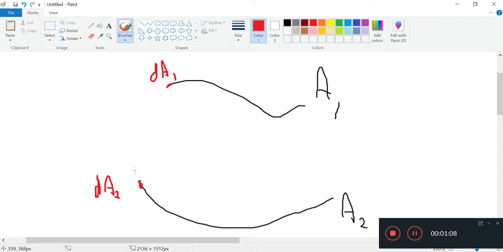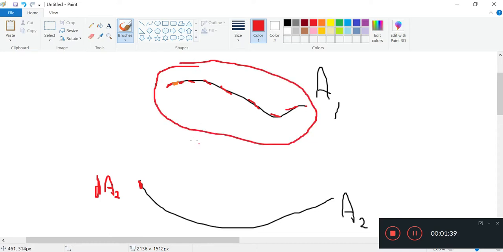Then we repeat by adding the heat transfer between this segment and this segment, then do the same for the third, and so on, until we have the heat transfer between the whole surface A1 and this small area A2.